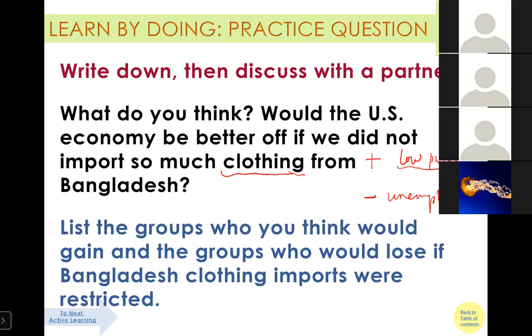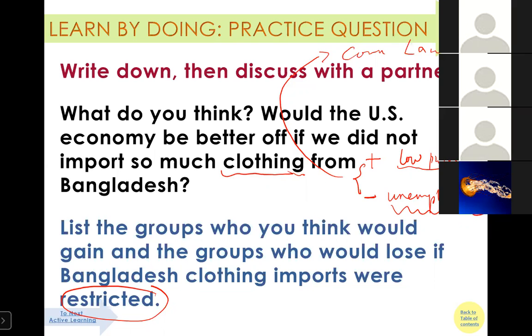Okay? And now given this trade-off, should we restrict clothing imports or not? This is similar to the earlier discussion 200 years ago, the Corn Law. Should we restrict the import of clothing from Bangladesh so that we can protect domestic clothing producers?